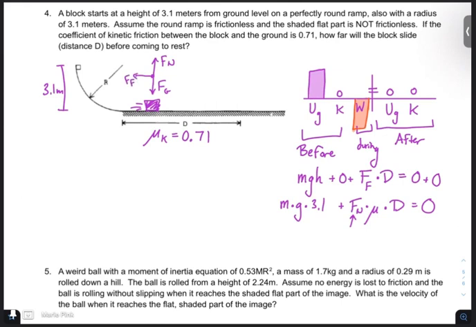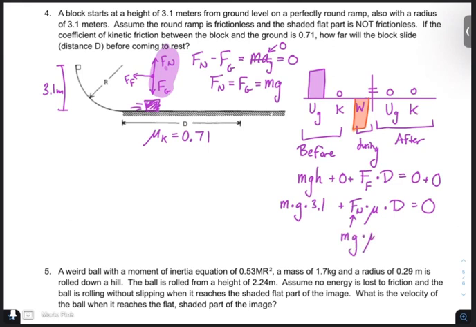So in the y direction, my normal force is what's going up, my gravitational force is going down, and the acceleration in the y direction is 0. So this is going to be equal to 0. And because of that, I know my normal force is equal to gravitational force, and that is mg. So instead of my normal force, I'm going to plug in here mg.